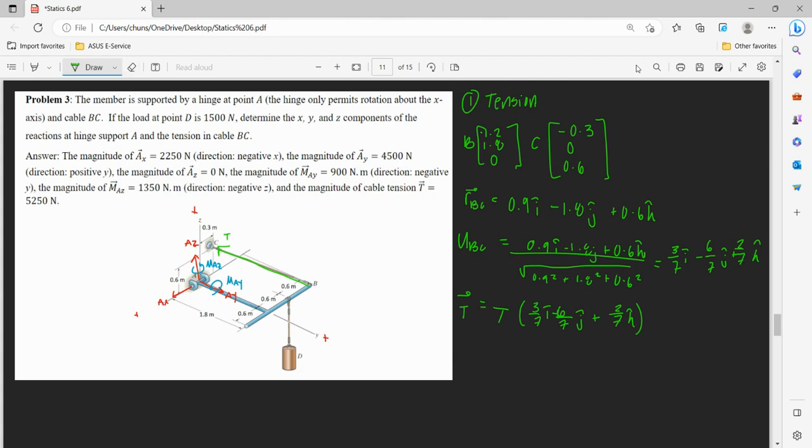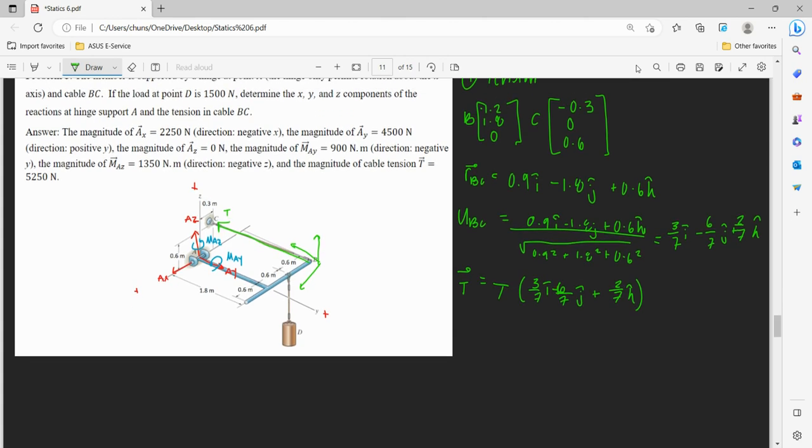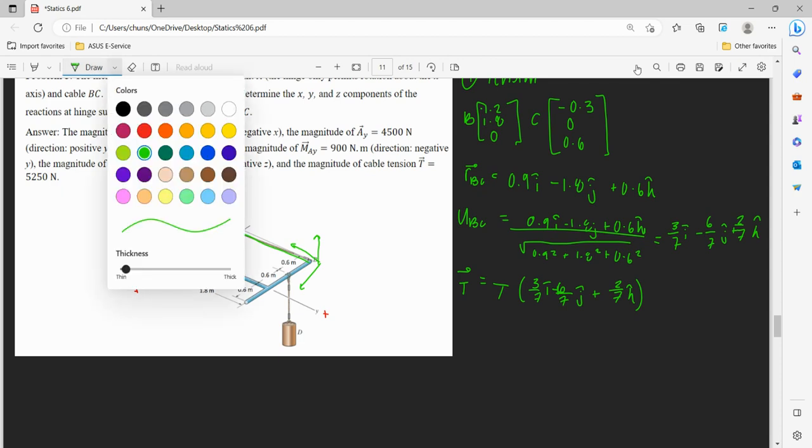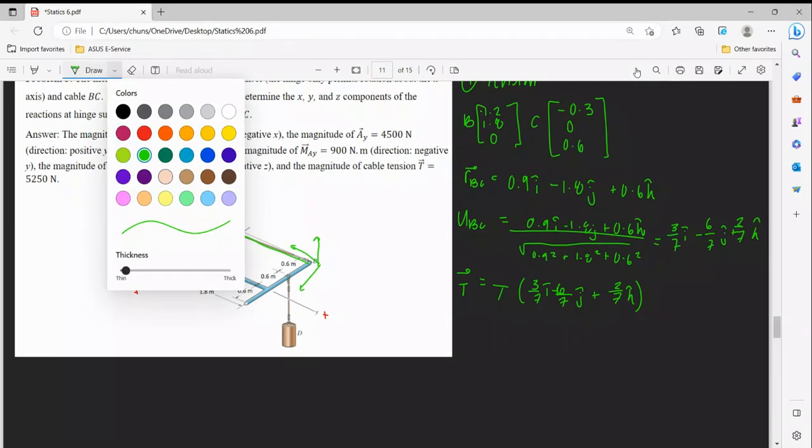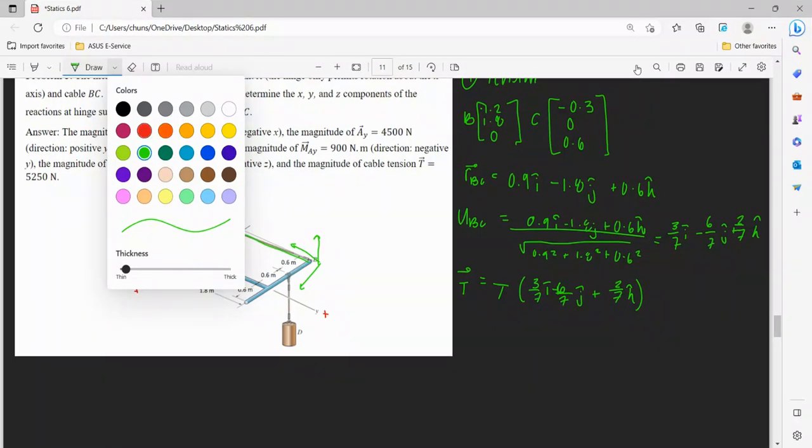If we want to just draw the directions really quick, in our x direction we are positive, in our y direction we are negative, and our z direction we are positive. Okay, so that is tension sorted out using our knowledge from week 3 of our equilibrium equations and using unit vectors and position vectors to find Cartesian forms.